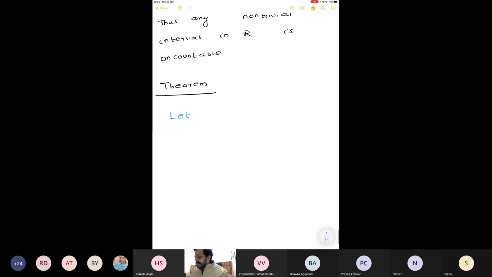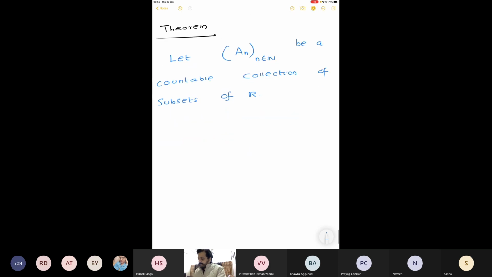Let A_n, n belonging to N, be a countable collection of subsets of R. Then the Lebesgue outer measure m star of the union n equal to 1 to infinity of A_n is less than or equal to the summation n equal to 1 to infinity of m star of A_n.